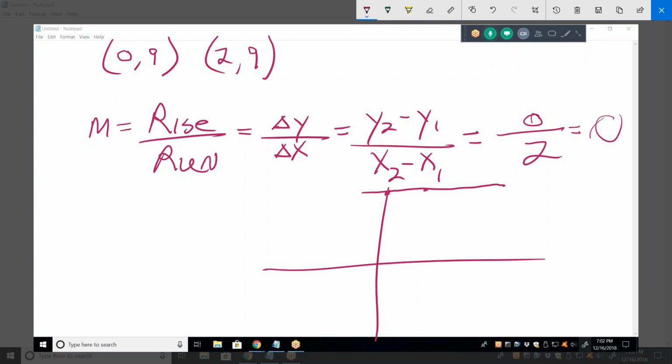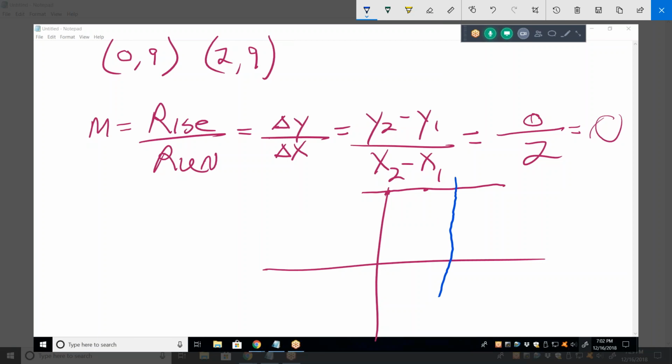Now, the second part of that question is, what is the slope of the line perpendicular to that horizontal line? Well, what kind of line is perpendicular to a horizontal line? A vertical line. What's the slope of the vertical line?